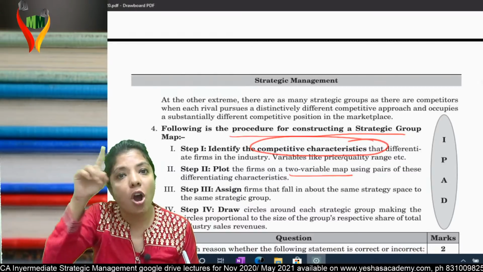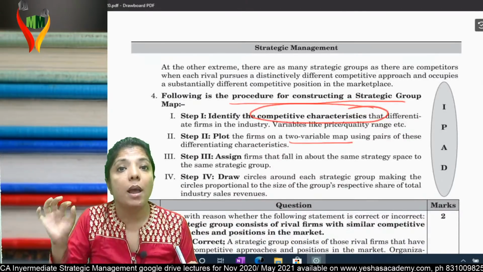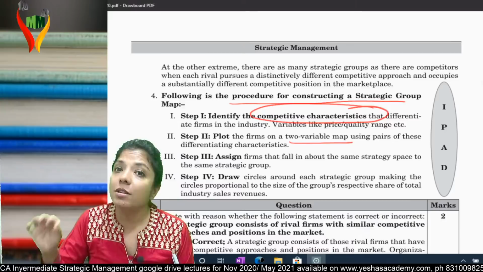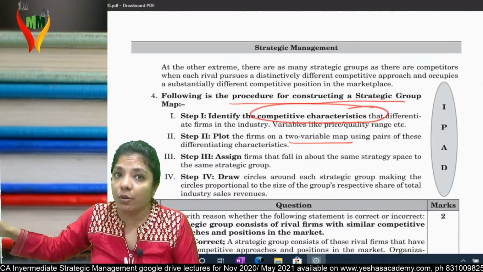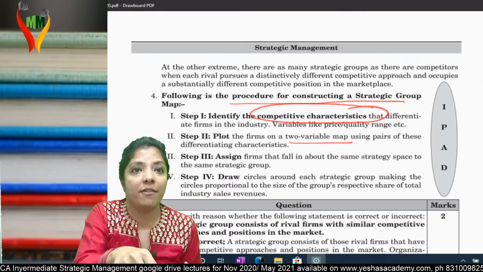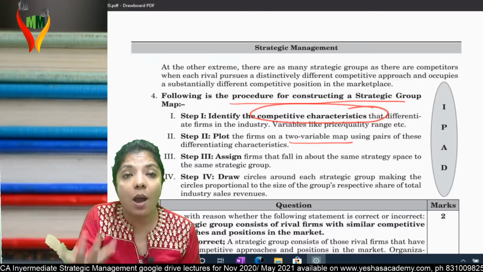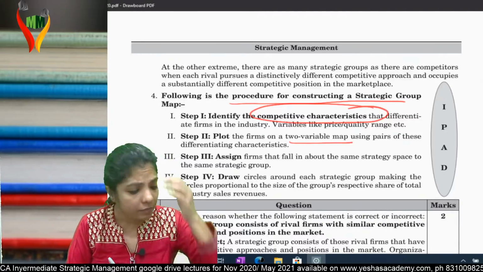And fourth, draw a circle around each group, making the circle proportional to the size of the group's respective share of total industry sales revenue. See, take total industry revenue, then take that group's revenue, and the higher the revenue, the bigger will be the circle. Am I clear?